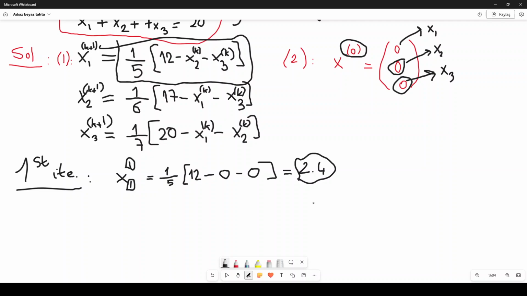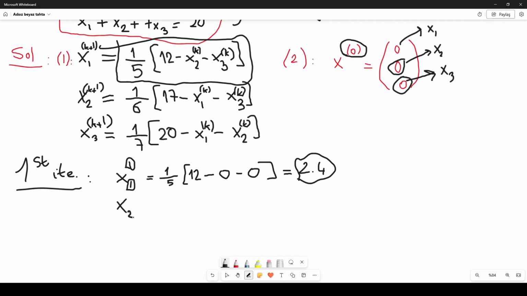In other words, in the first iteration I find a new value for the unknown x1, and in the next iteration, if I repeat this process, I will use this newly obtained value for x1. We will check whether or not we continue depending on the error tolerance. But for the time being, just try to compute the values.